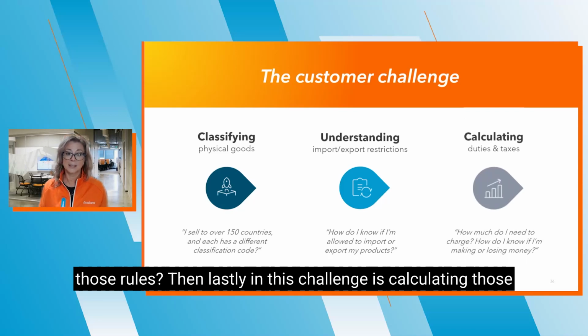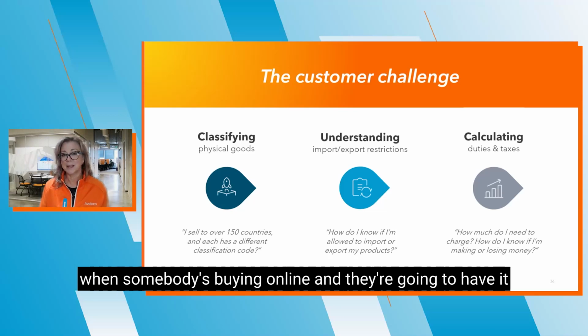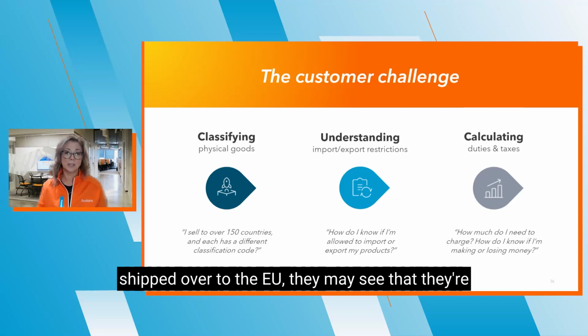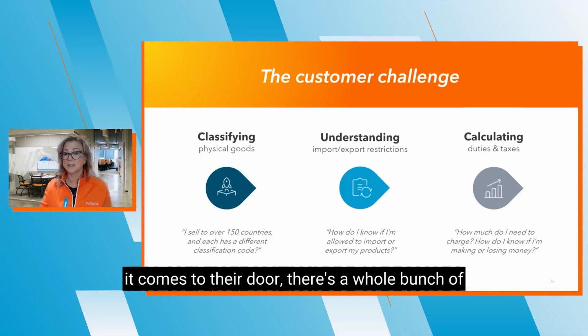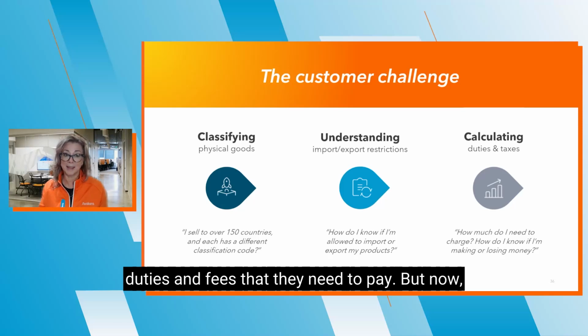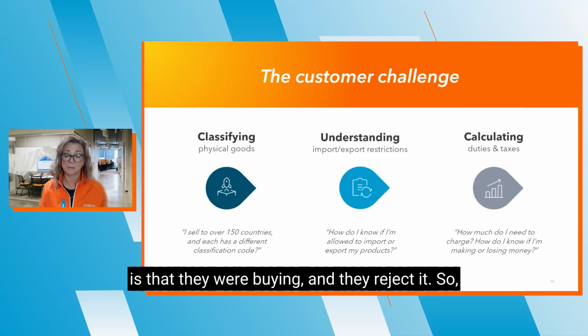And then lastly in this challenge is calculating those duties and taxes, which if you think about what's happening when somebody's buying online and they're going to have it shipped over to the EU, they may see that they're going to pay $25 for this item, but once it comes to their door, there's a whole bunch of duties and fees that they need to pay. But now those duties and fees exceed the cost of what it is that they were buying, and they reject it.